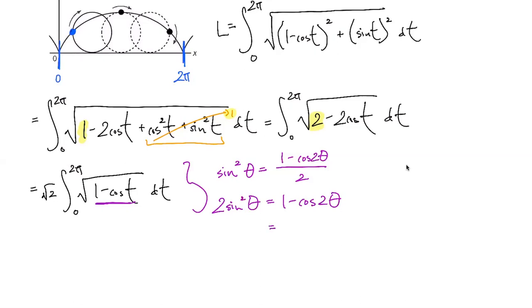Well, this identity can also be written as 1 minus cosine theta. But if I change the 2 theta to a theta, what does this change into? Over 2. Yeah, I'm cutting it in half. So I have sine squared of theta over 2.